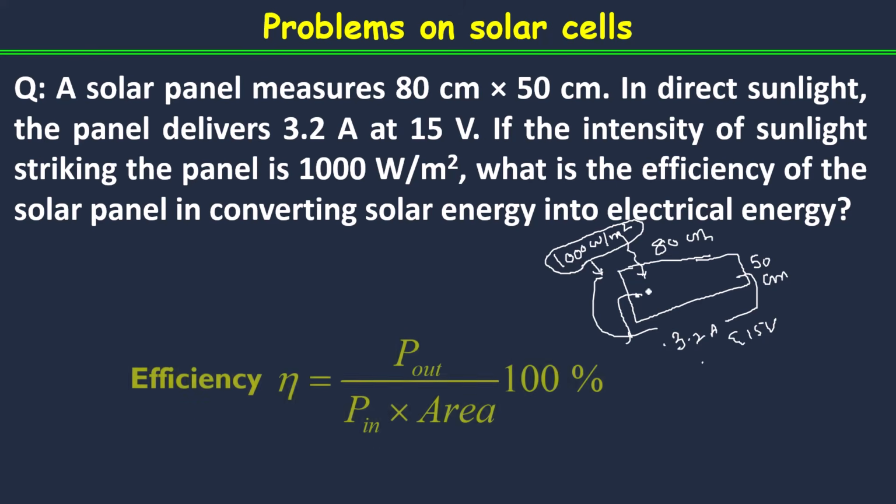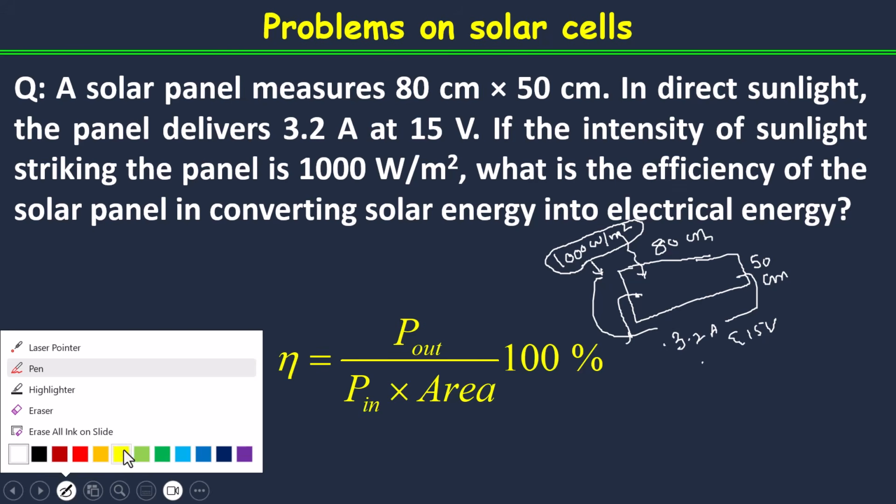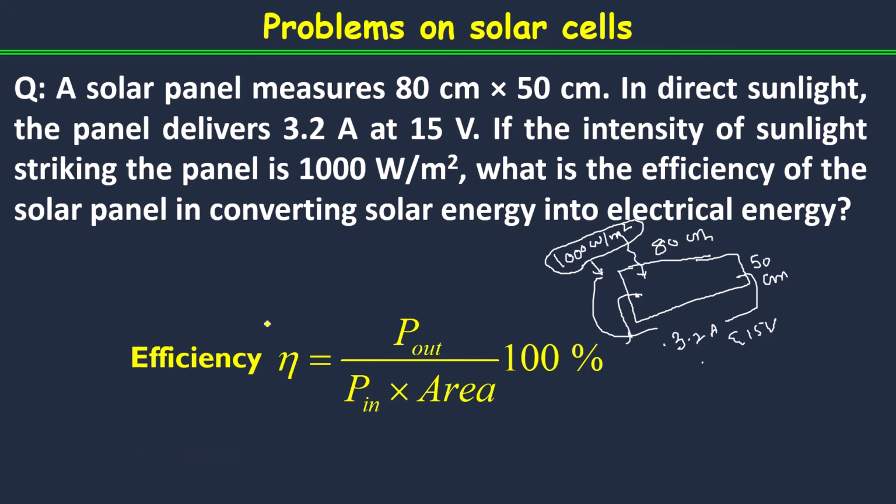So normally we define efficiency, efficiency means eta, eta is equal to power output, this is the electrical power, by the input power. This is the light power. If you want a percentage, then you can multiply by 100.